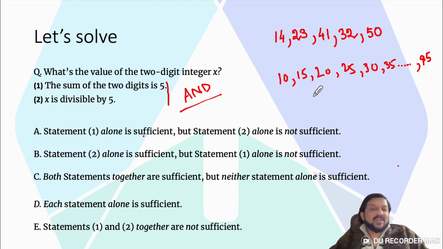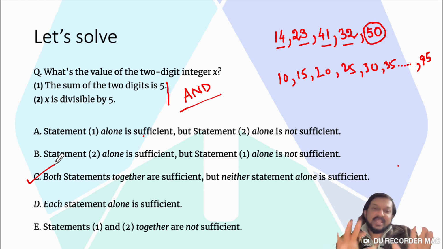Then you will see for yourself that these 4 options from statement 1 quickly vanish because none of them are divisible by 5. Now there is only one number which satisfies both conditions, that the sum of the two digits is 5 and x is divisible by 5, that is 50. That means combining the two statements you get the answer, and therefore my answer is option C.